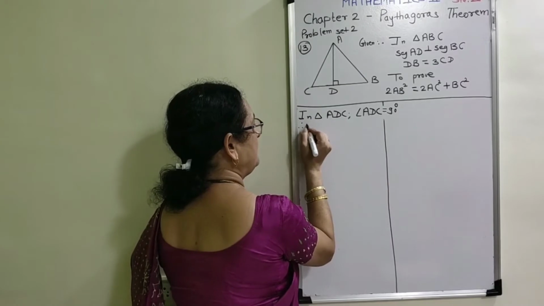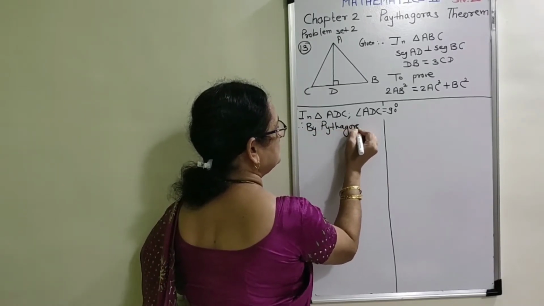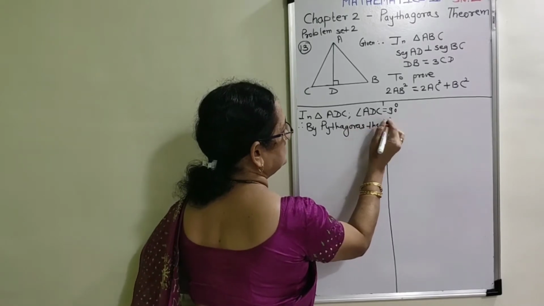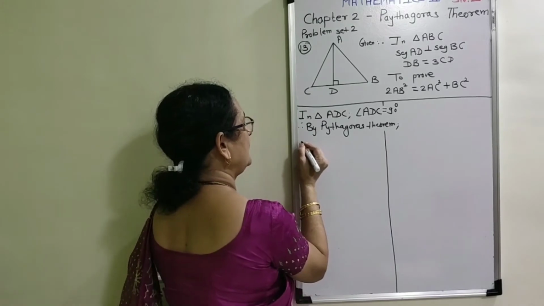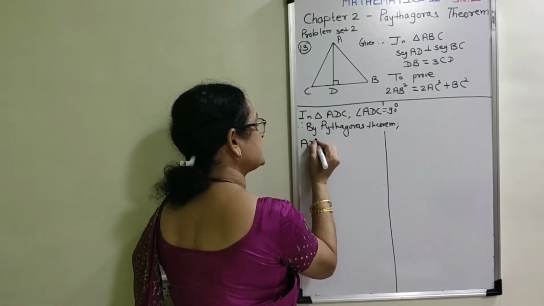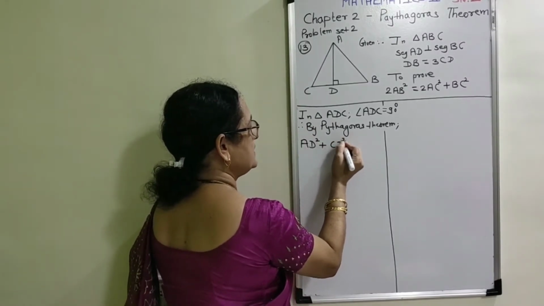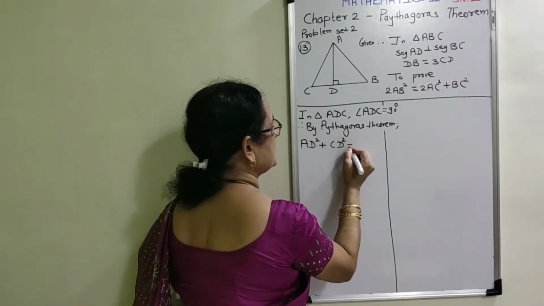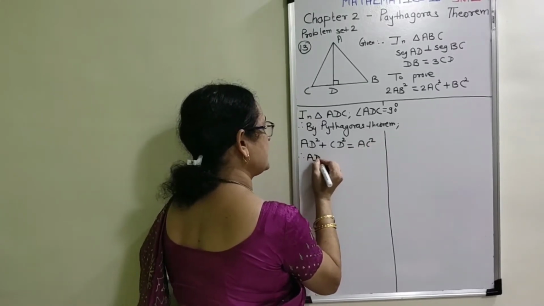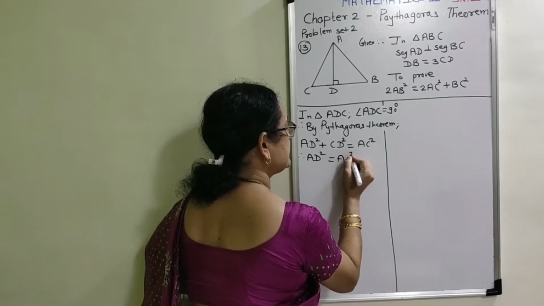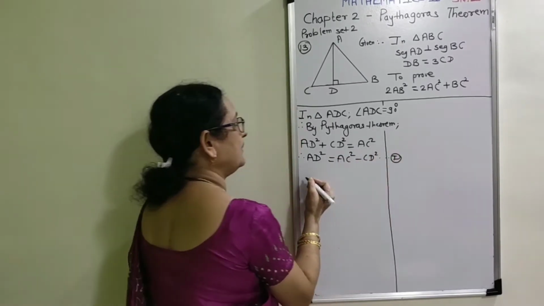Therefore, by Pythagoras theorem, we get, since I want value of AD square, I am going to write the addition of perpendicular sides on the left side. AD square plus CD square is equal to AC square. Therefore, AD square is equal to AC square minus CD square, my expression number 1.